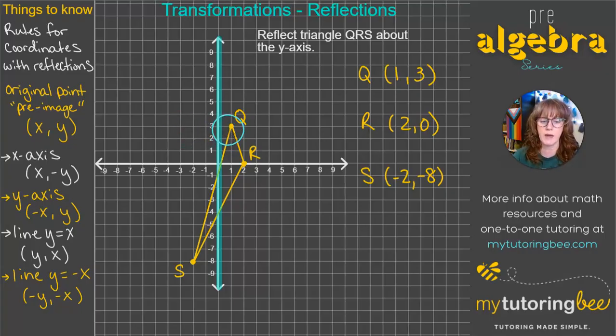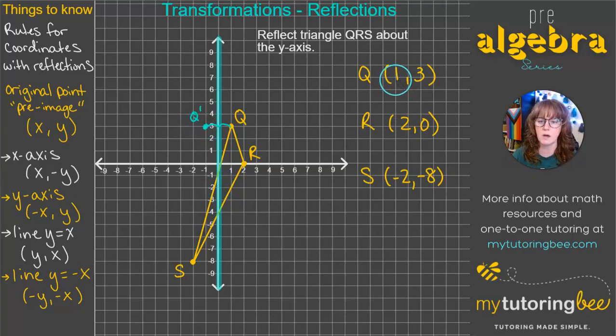How we would do that is we would take each of these points and see how far away it is from the y-axis, and then put that reflected point that same distance away over on the other side of the y-axis. So Q is 1 unit away from the y-axis here, and so then we would count 1 unit over to the left, and this is where Q prime would be.